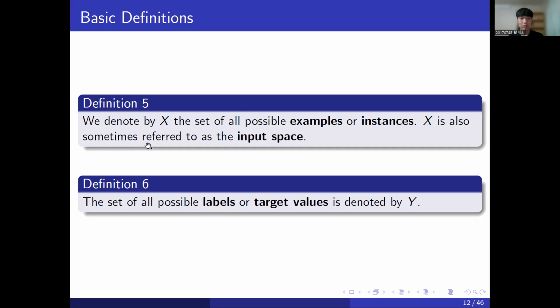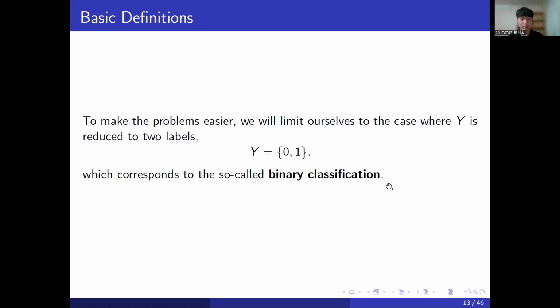X is sometimes referred to as the input space, and the set of all possible labels or target values is denoted as Y. Intuitively, you can assume that X is input and Y is output. Note that set X is just a set, so it does not have other limitations. We can set X as just a finite set or an infinite set, which can be uncountably infinite, like a subspace of R^N or something else. So let's move to the next slide.